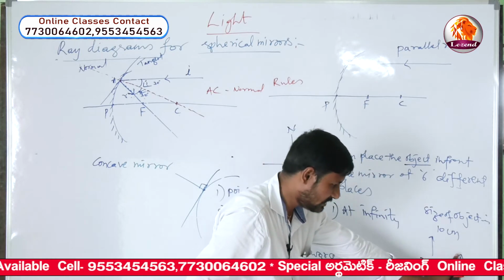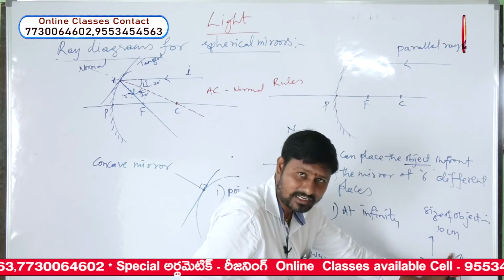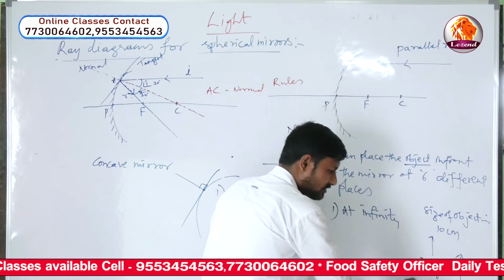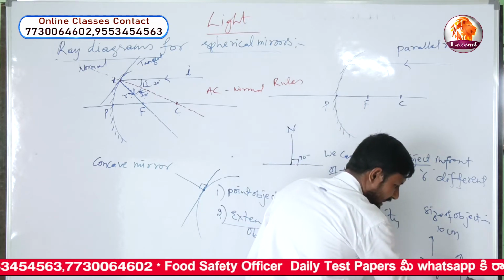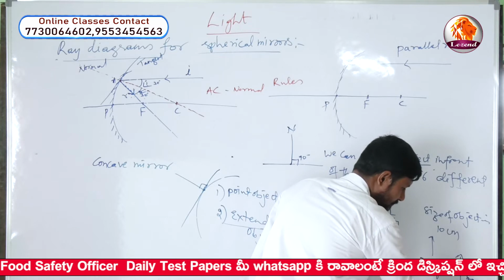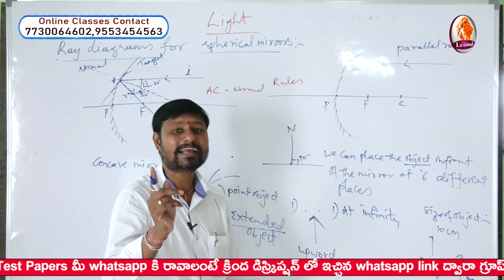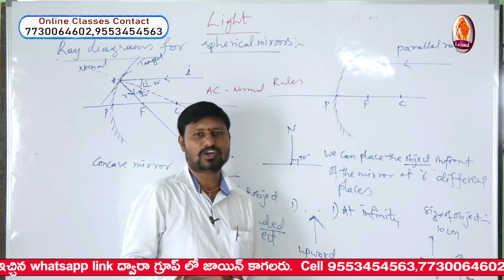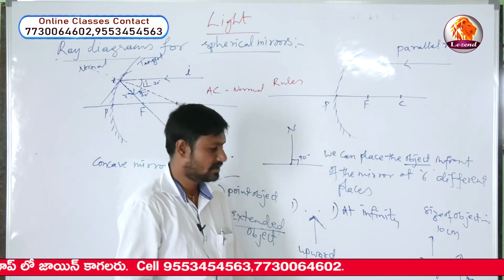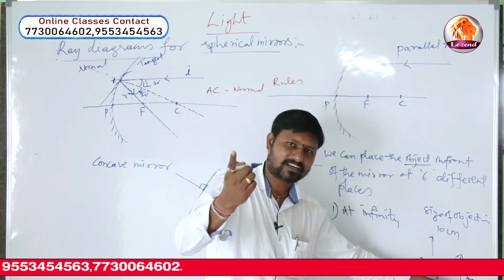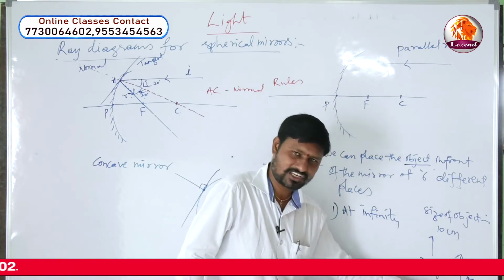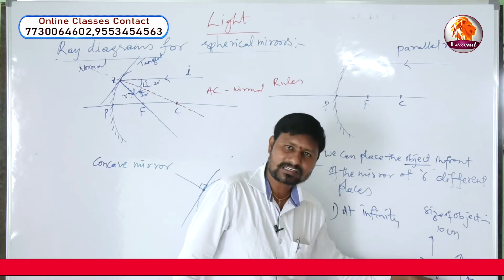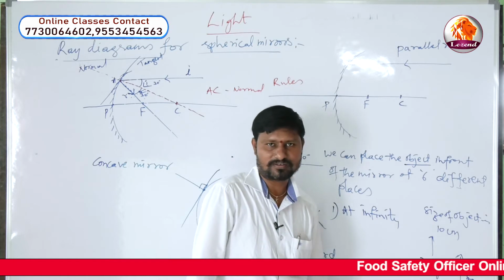If the image size is larger than the object size, the image is said to be magnified. We say magnified, enlarged, or larger than the size of the object. We use any of these three words. The image is said to be magnified, which means the size of the image is larger than the size of the object.